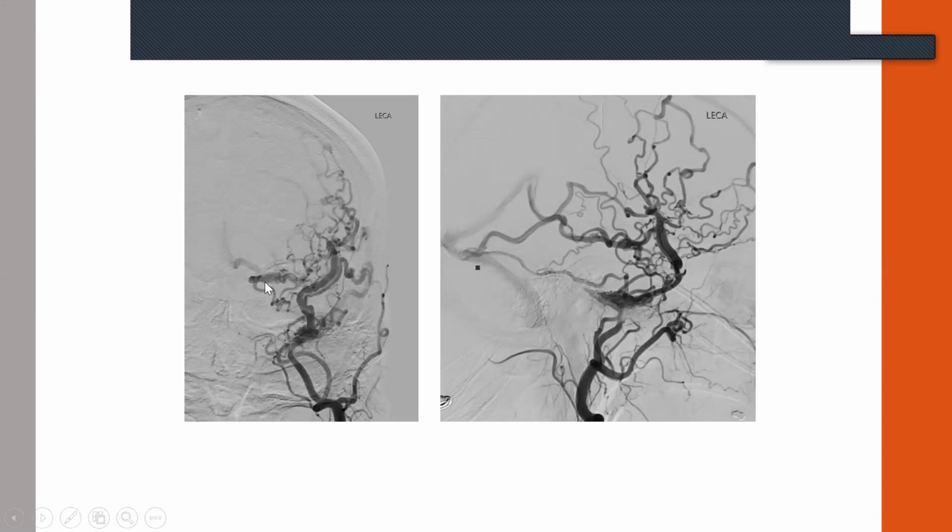That blood vessel right there, that blood vessel coursing down, that's the middle meningeal artery. And normally that blood vessel, again, should just be a small twig, but it's actually almost the same size as the external carotid trunk itself. So very abnormally dilated blood vessels.